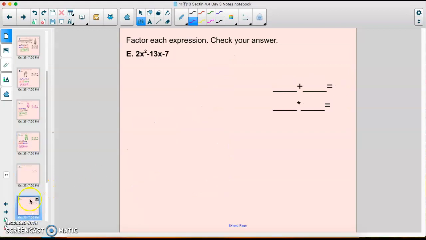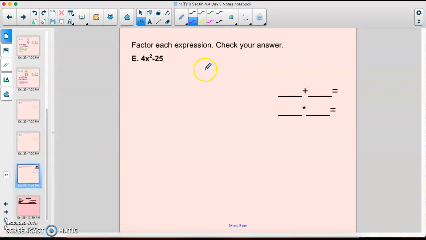All right, last one here. Let's do this one here. The other ones I encourage you to do on your own. They are good practice. So with this one, we don't have a b term, do we? And so really it's 4x squared plus 0x minus 25.